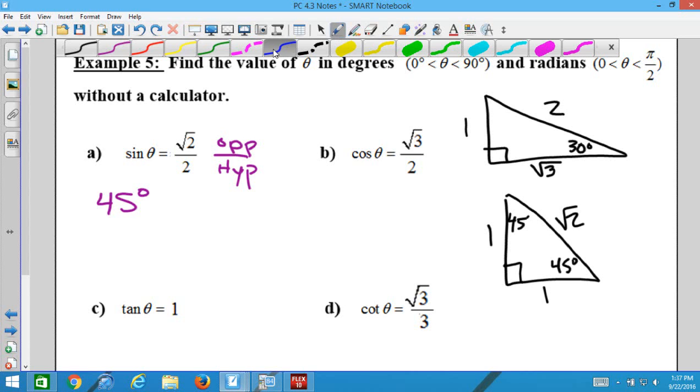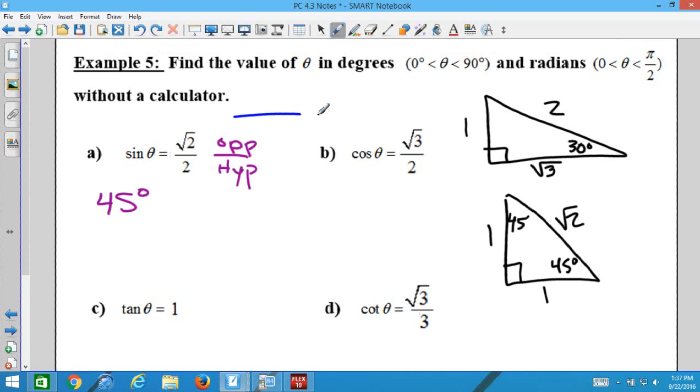So instead, I'm going to think about where 45 degrees is on the unit circle, but just the top half. The top half, 180 degrees, is what in radians? That's pi. And how many times does 45 fit into 90?